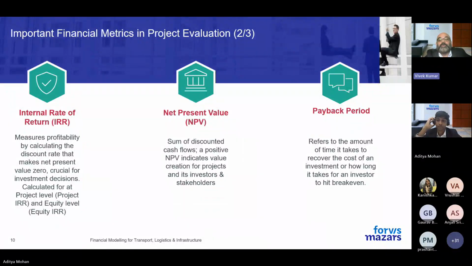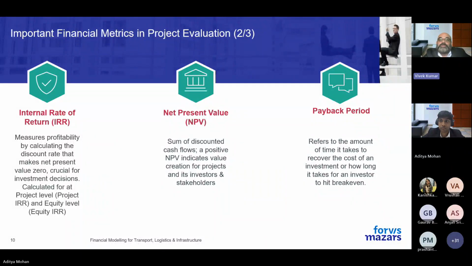For a lot of transport and logistics projects, your project IRR typically could be in the range of 12 to 15%, and that's for a reasonable risk project. Now, what does it imply? Say your project IRR is 15%. What is the cost of capital typically for a project of that type?